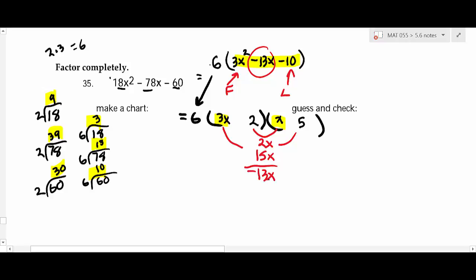What's negative? 5. The 15 is going to be the negative one, and then the 2 is going to be positive, right? So that means that if you're getting a positive 2, that has to be positive. If you want a negative 15, it's the outer one that has to be negative. So that would be the answer to the problem right there. That's it. So the only thing that's different on that is you take the common factor out, then you proceed.